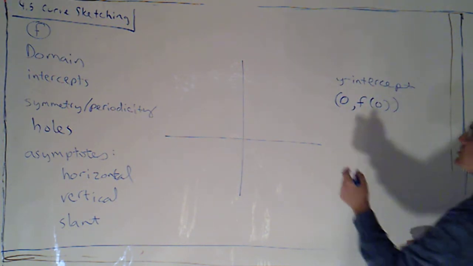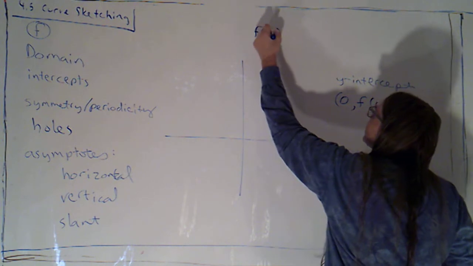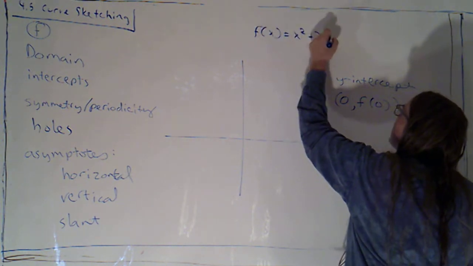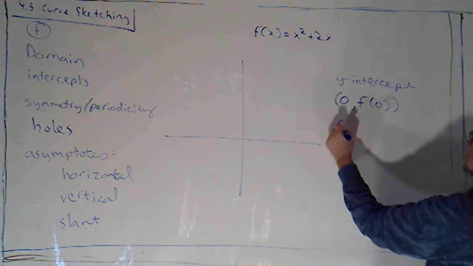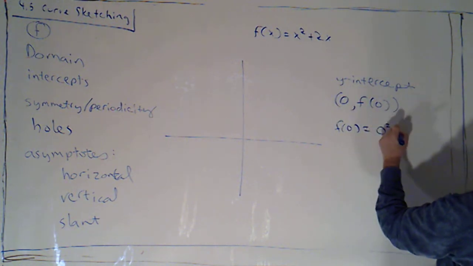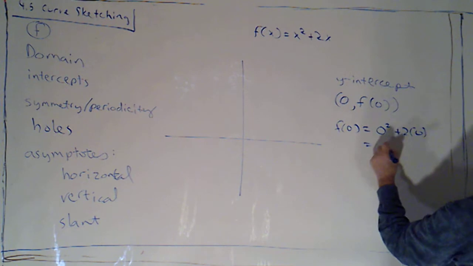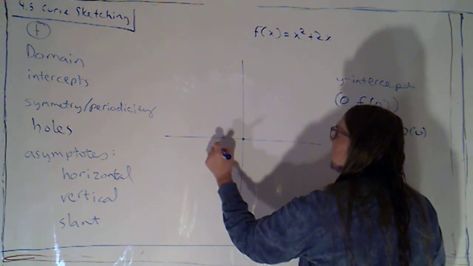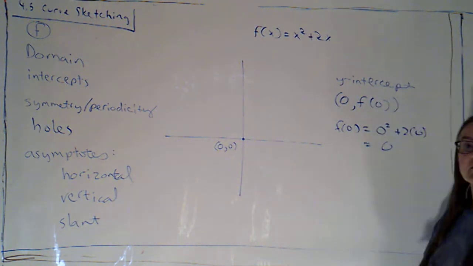Let's just do an example. Let's suppose I had f of x equals x squared plus 2x. So if I plug in 0, f of 0 is 0 squared plus 2 times 0. That's going to be 0. So the y-intercept is the origin. That's going to be 0, 0.